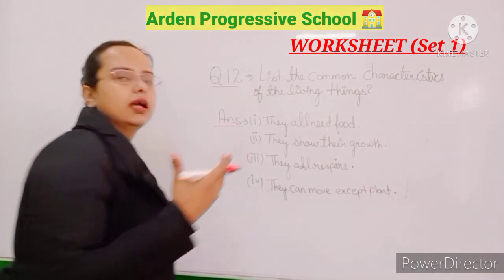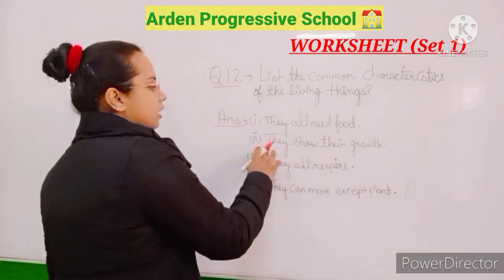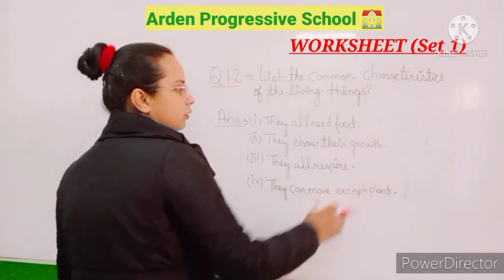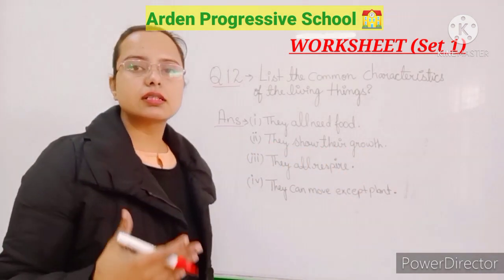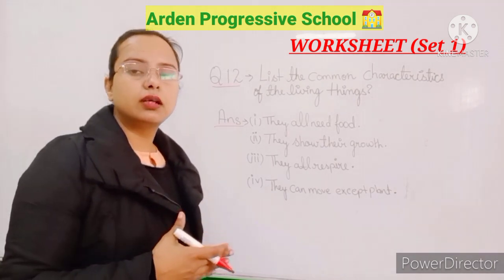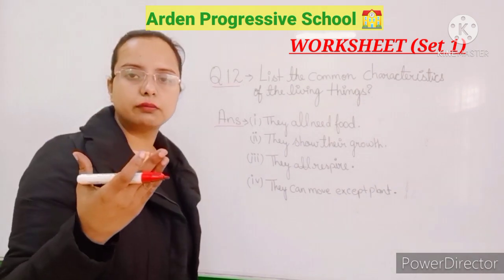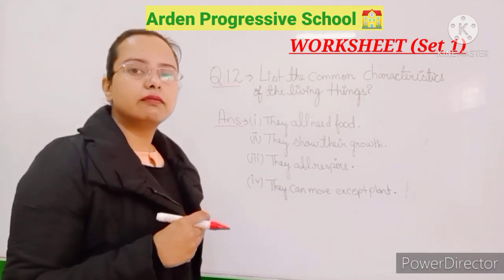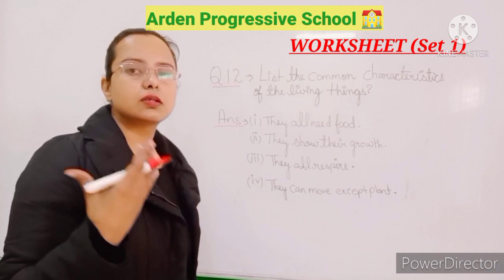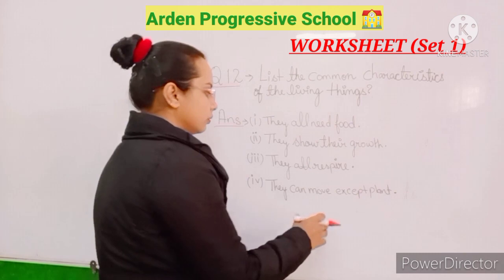Every organism, every living thing, needs food. They show their growth. For example, a newborn baby turns into an adult human being, and when we germinate any seed, it turns into a big plant. So the living things show their growth.